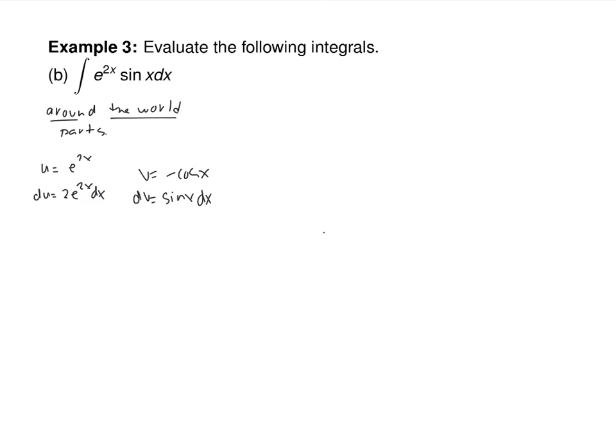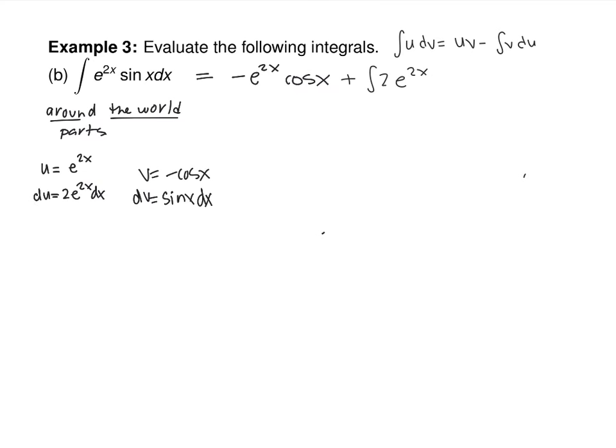All right, so this integral will equal uv, so negative e to the 2x cosine x. And remember that the integral of u dv equals uv minus integral v du. So we have uv plus the integral of 2e to the 2x cosine x dx.